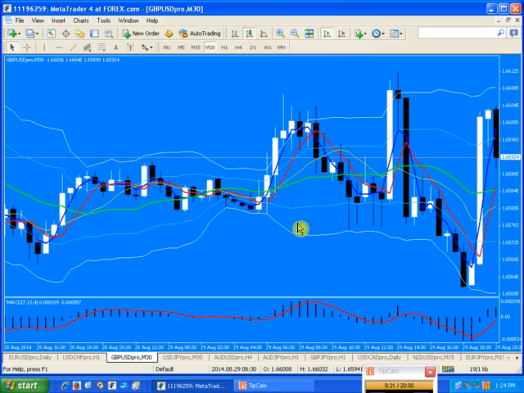So the British pound over the US dollar, it's valued at, it says here, 1.6592. That means 1 British pound equals $1.65, or almost 66 cents in this case.